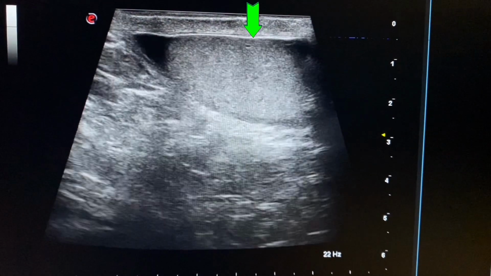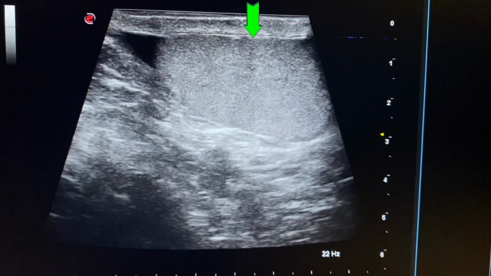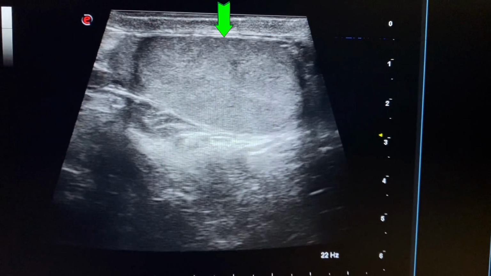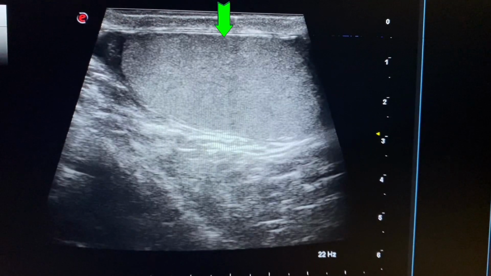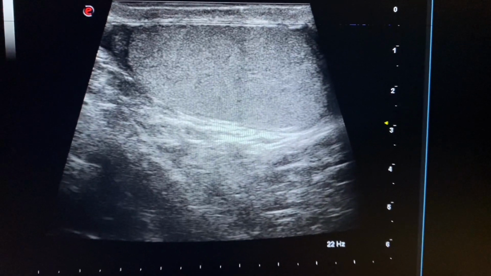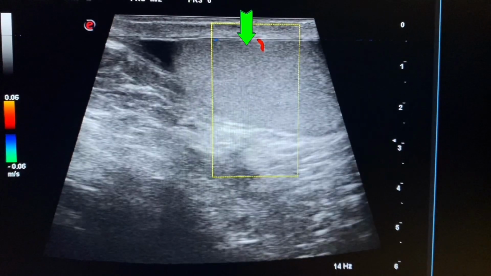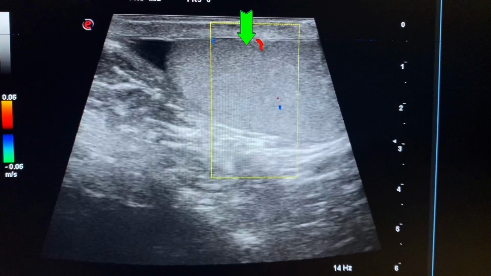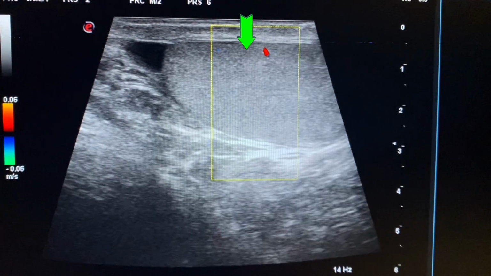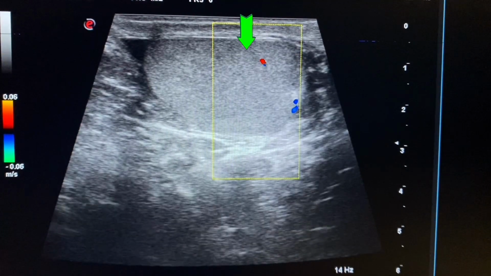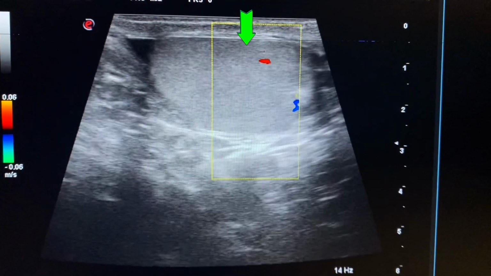In mild inflammation, the size of the testis is always normal, but in moderate and severe conditions, the size of the testis may be increased. And when the testis is inflamed, the blood flow in the testis also increases, which shows the severity of inflammation.